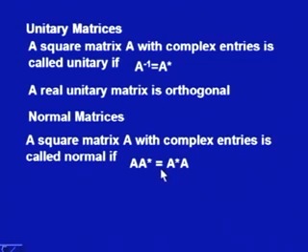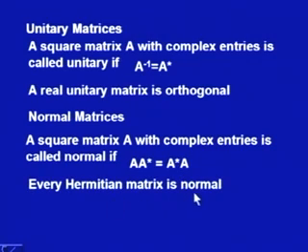The difference here is that if A A star is equal to A star A is equal to identity, then we can write A inverse is equal to A star, but in a normal matrix the product may not be identity, still these two products are equal, and then we say the matrix A is a normal matrix.